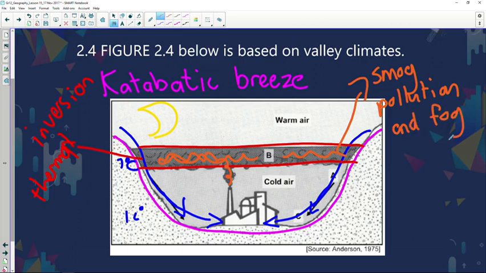Now, coming back to the question, what negative impact does it have on humans? First of all, it can cause diseases such as asthma. It can create skin irritations, and it can create unhealthy conditions for people.